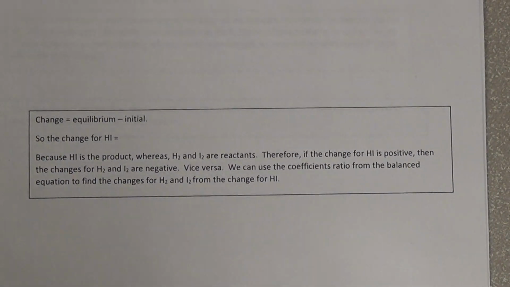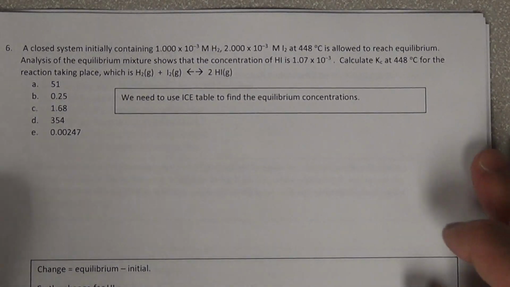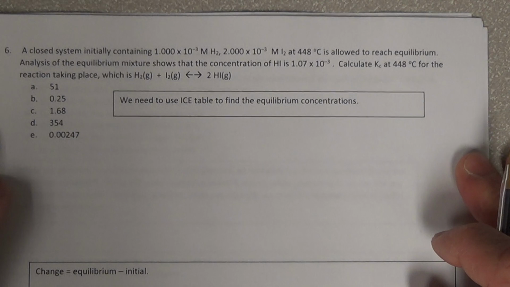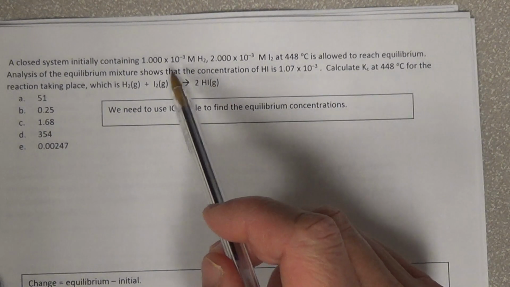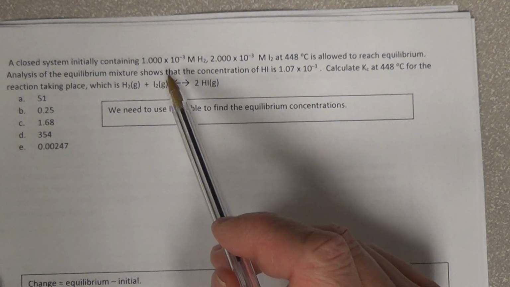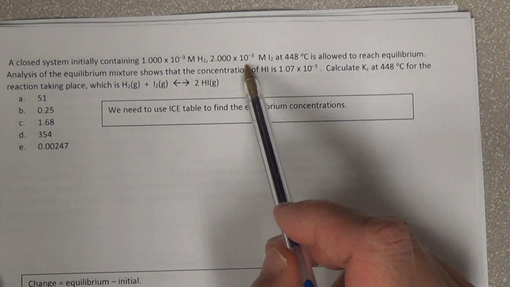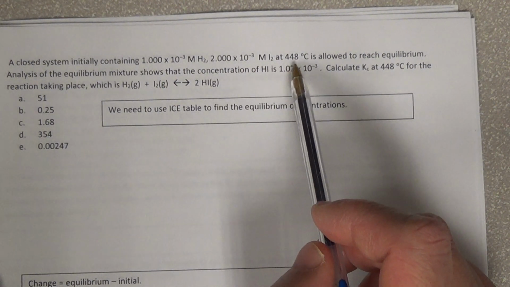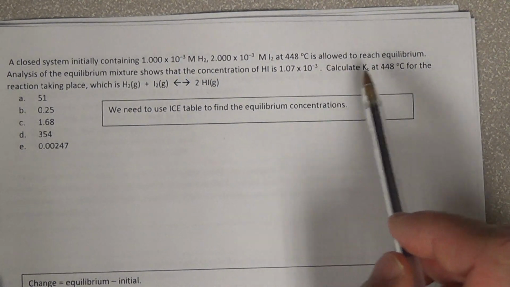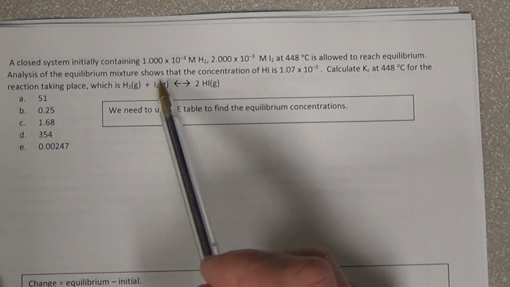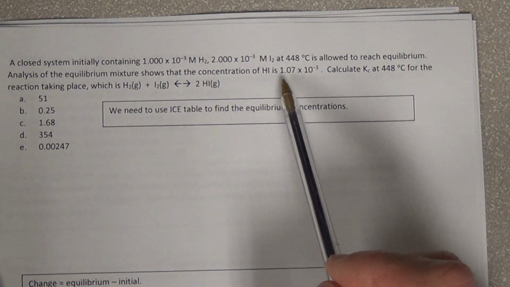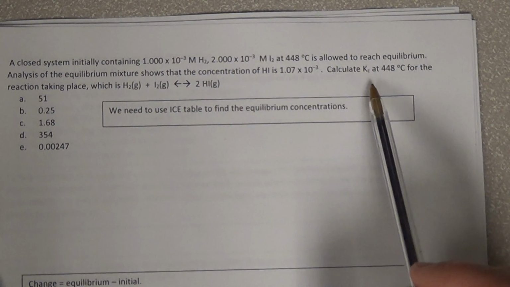Next question 6. We have this closed system initially containing this much of H2, this much of I2 at this temperature, allowed to reach equilibrium, and analysis of the equilibrium mixture shows that we have a concentration of HI. Then we want to calculate the Kc.